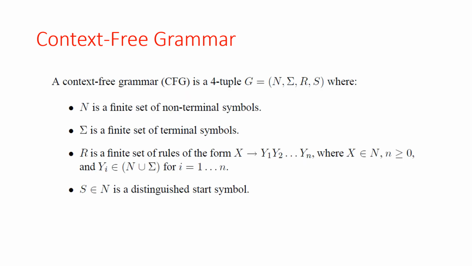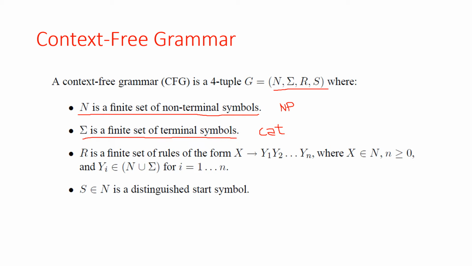The formal definition of a context-free grammar, CFG, is that it is a four-tuple G which consists of these four elements. Here, N is a finite set of non-terminal symbols. For example, NP is a non-terminal which stands for noun phrase. Then we have sigma, a finite set of terminal symbols, which are words. For example, the word cat is a terminal.